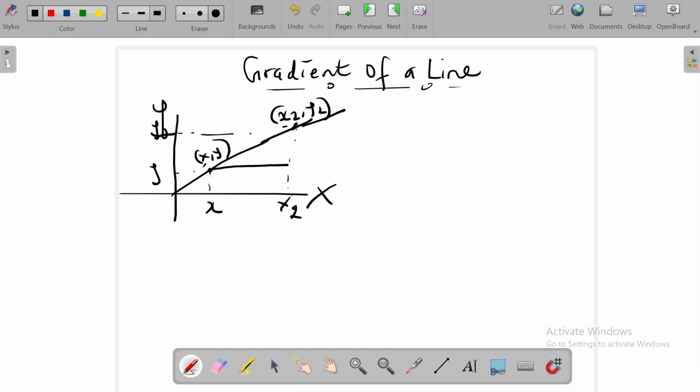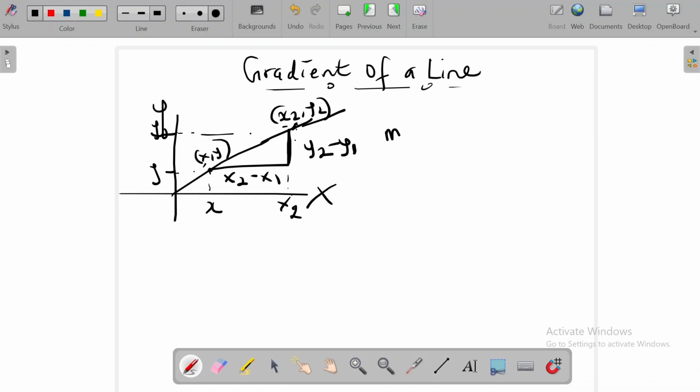The run is x2 minus x1. The rise is simply y2 minus y1, meaning there's a rise if you look at it this way, and there's a run, the vertical and the horizontal.